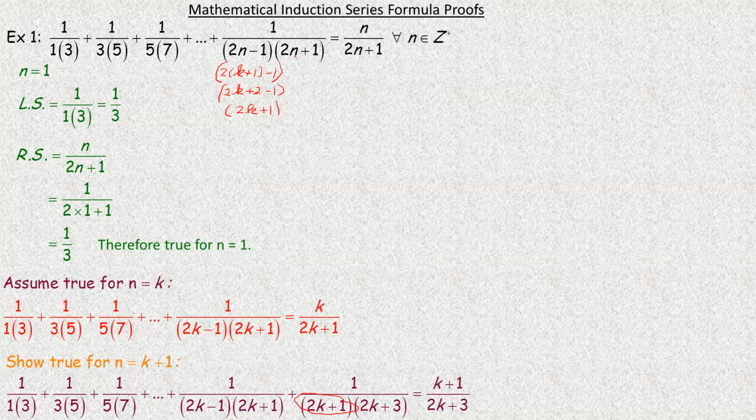And then if I put k plus 1 here, I would go 2k plus 1 plus that 1 in the end, close bracket. So this would be 2k plus 2 plus that 1. And so that simplifies to 2k plus 3. And that's why we have 2k plus 3 here. So that's just showing you that that is the k plus first term, the one extra term that this one down here has that this one doesn't.